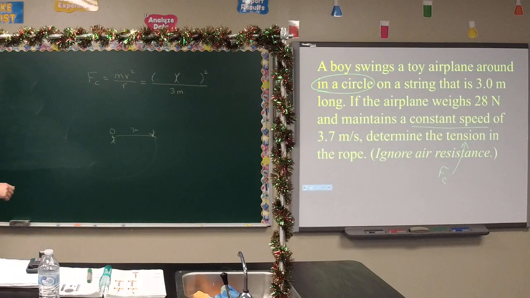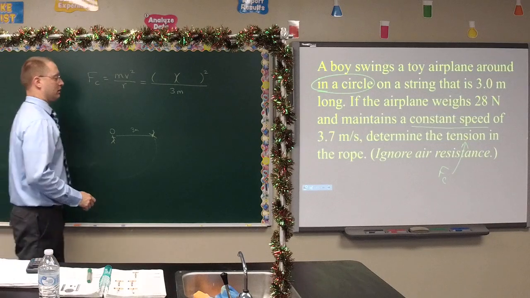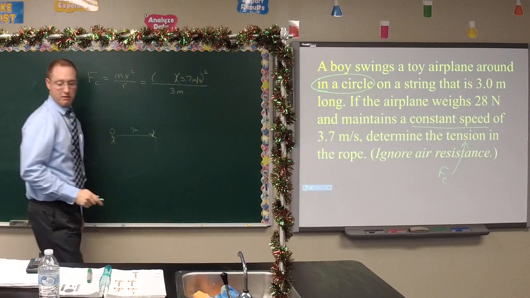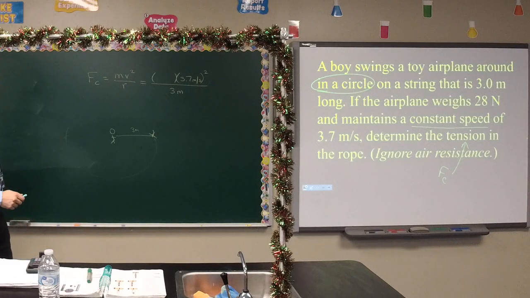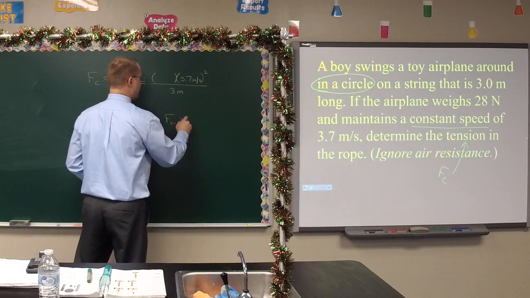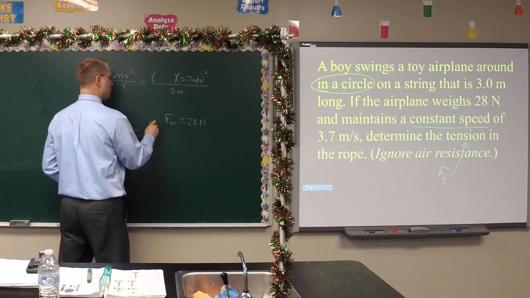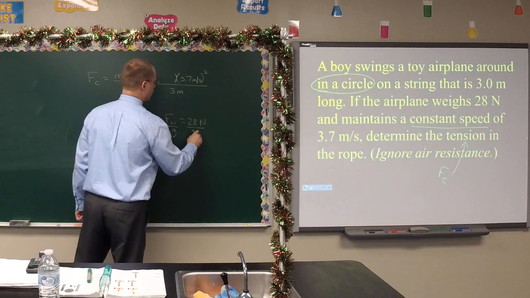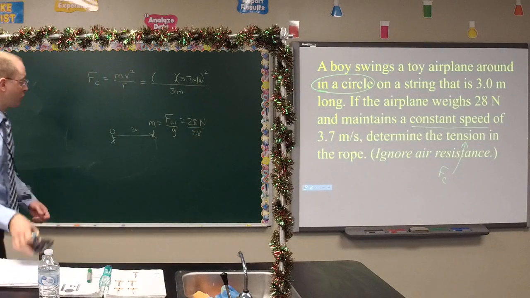What about the speed? 3.7 meters per second. And then what about the mass? That's weight. Yeah, it gives us weight, doesn't it? So since the weight is 28 newtons, what do I have to do to find the mass, class? I'm going to have to divide out the 9.8 meters per second squared.